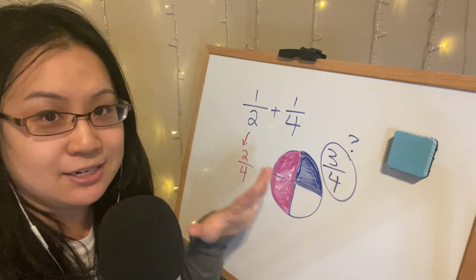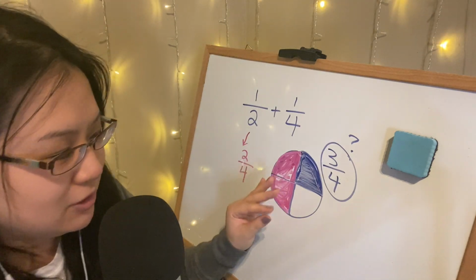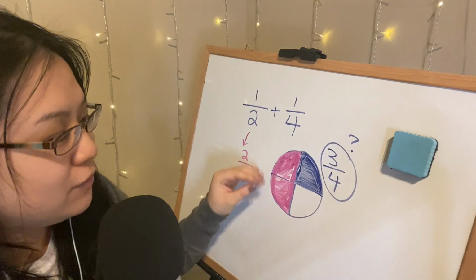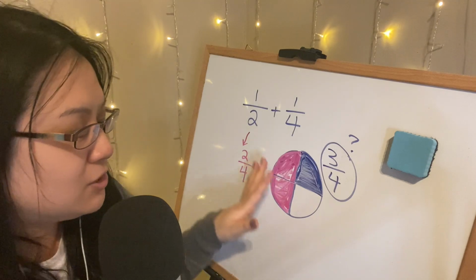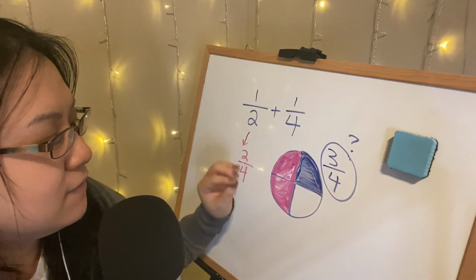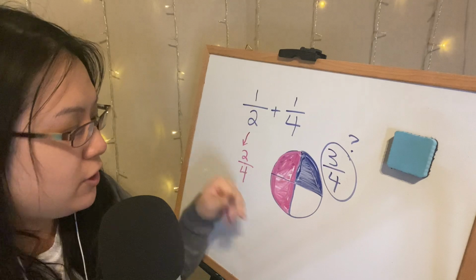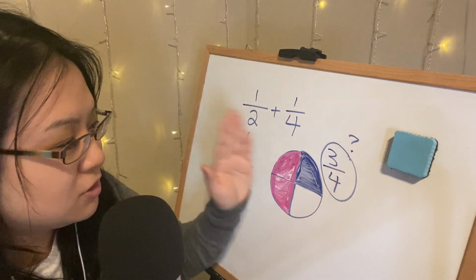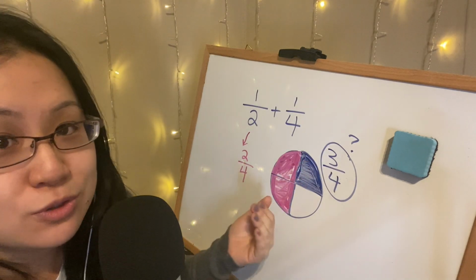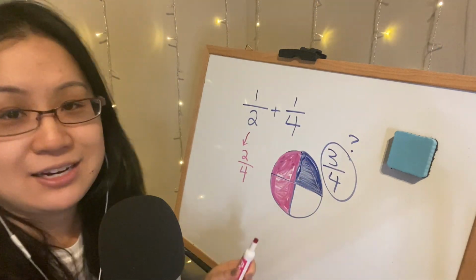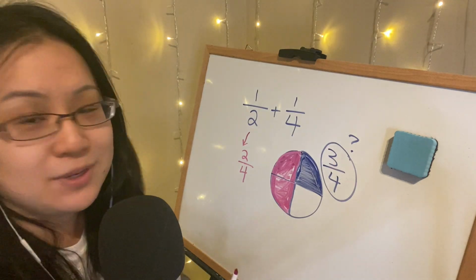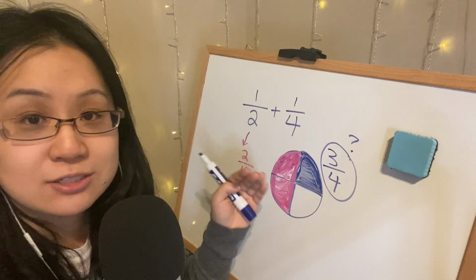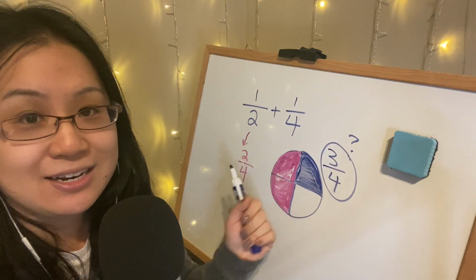And indeed it is. But let's use this picture to give us a little bit of an idea of the two rules. So it seems like if somehow this half is equivalent to 2/4, then 2/4 plus 1 more fourth is equal to 3/4. And that indeed is a rule. If we have the same bottom number, we can just keep that bottom number and add the tops.